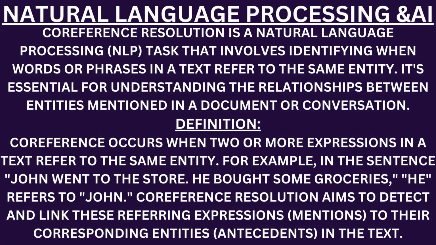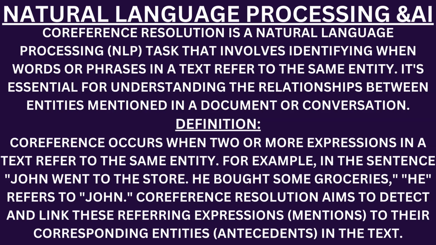Co-reference resolution is a natural language processing task that involves identifying when words or phrases in a text refer to the same entity. It's essential for understanding the relationships between entities mentioned in a document or conversation. Definition: co-reference occurs when two or more expressions in a text refer to the same entity.